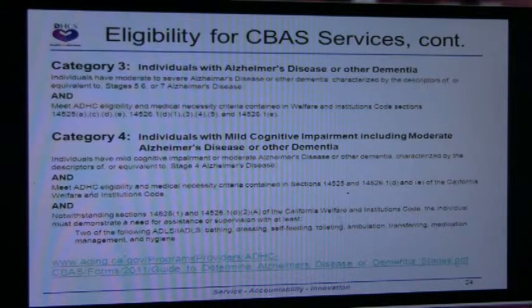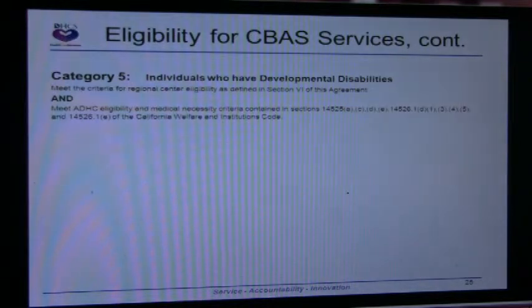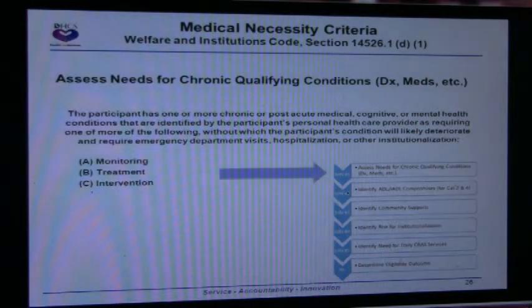Because categories 3 and 4 specifically talk about individuals with Alzheimer's disease or dementia at either the moderate level or the mild level, mild to moderate, and what that means in terms of behaviors and things that will help to stage at either the mild level or the moderate level, and that detailed tool is at that website. So a very good tool to access if you don't have an understanding of what those staging levels are. And so that's, again, a set of slides for review.